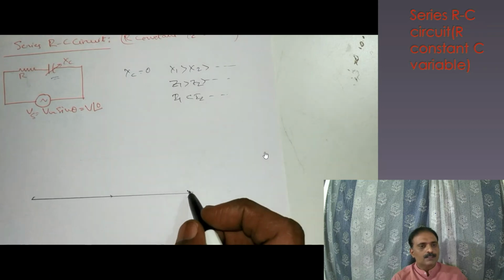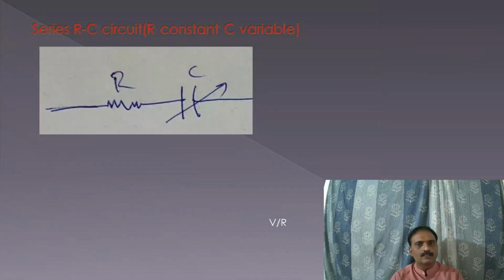So initially, in the circuit in which resistance is constant and capacitance is variable, in the same way we have seen for inductance, here also the capacitive reactance we assume as 0 initially, and slowly it increases. So when the capacitive reactance is 0, the maximum value of current will be V by R, and that will be in phase with the voltage.